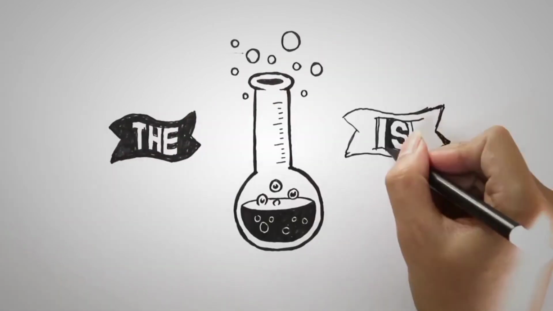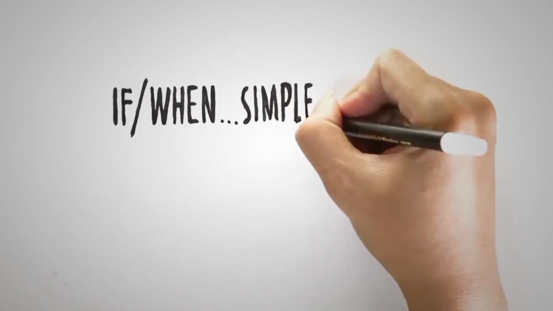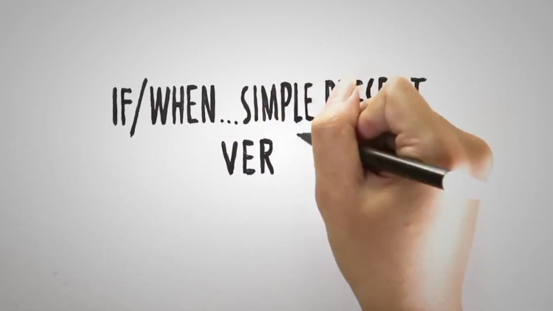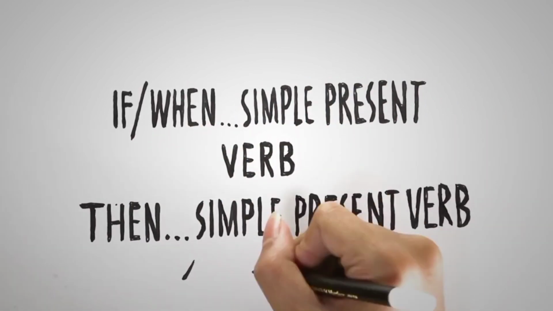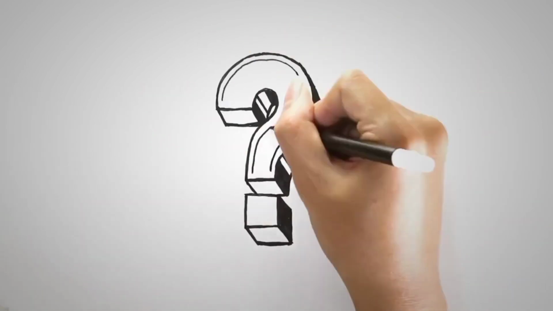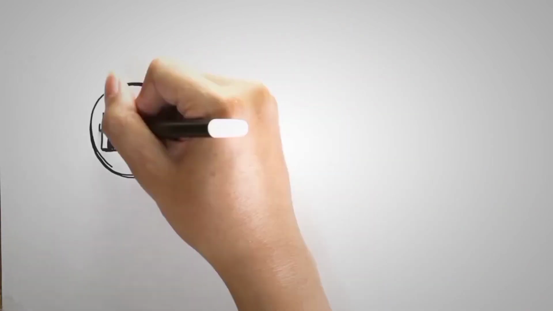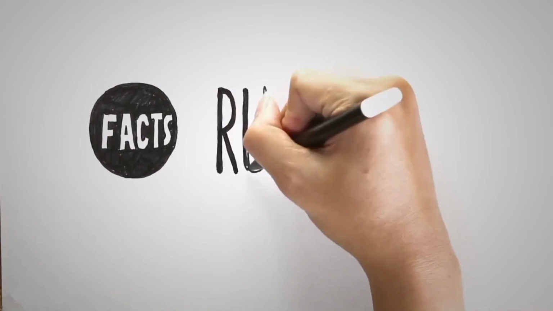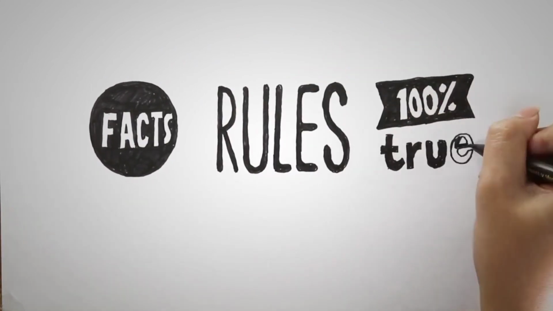The formula is if or when, simple present verb, then simple present verb. But what is it used for, you ask? We use zero conditionals to express facts, rules, and things that are 100% true.